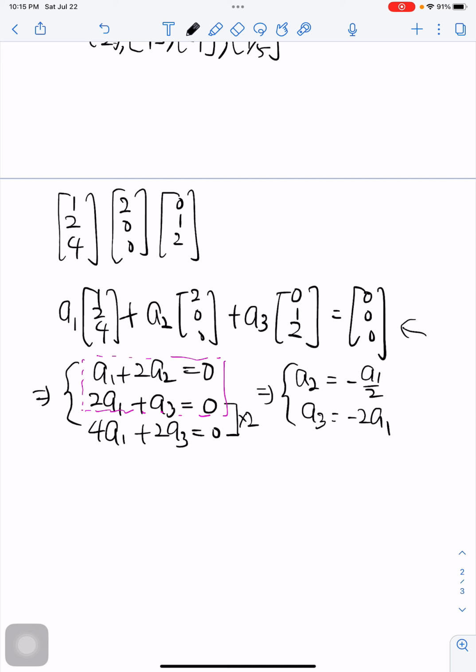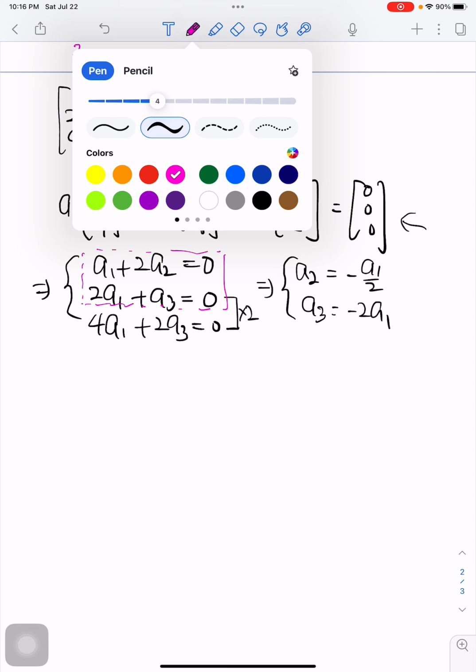Therefore, these three vectors are linearly dependent. Okay? However, in this example, you don't have to carry out the definition because you notice that you can multiply the second vector by -1/2. So I will put a note here.